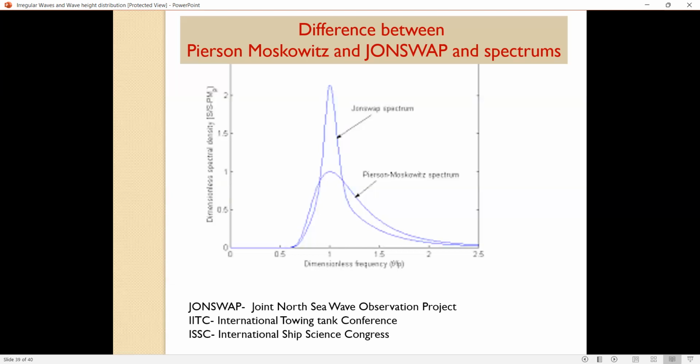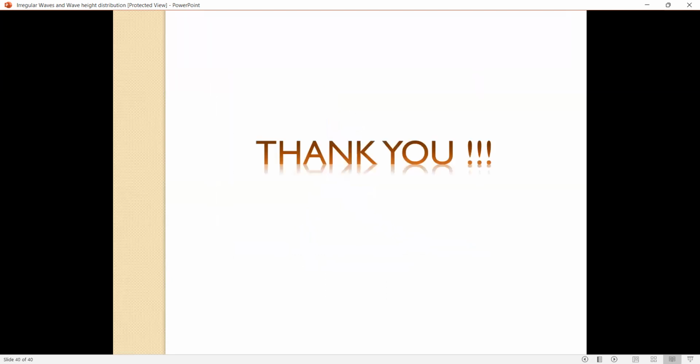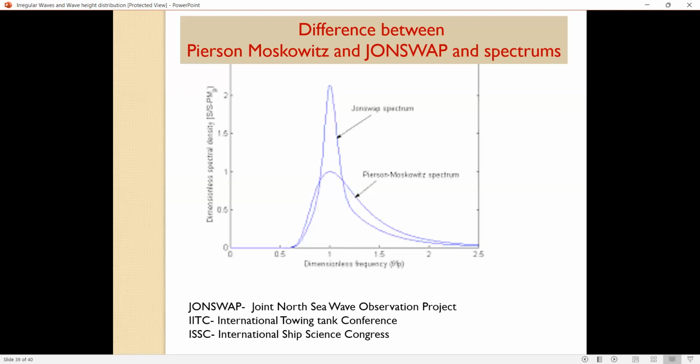So here we see a difference between the Pierson-Moskowitz spectrum and the JONSWAP spectrum, which was marked out by two groups. Similarly, today we have the ITTC spectrum and the ISSC spectrum. Even today, many scholars in India are working on finding the wave spectra for the Indian Ocean.